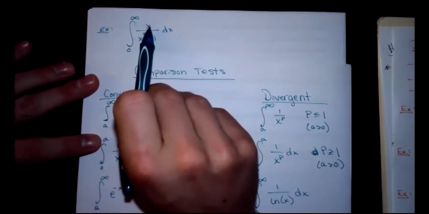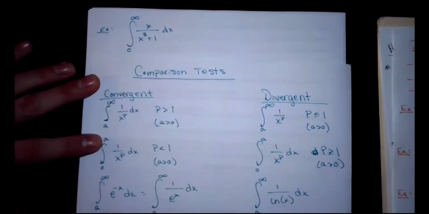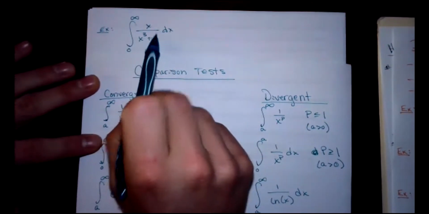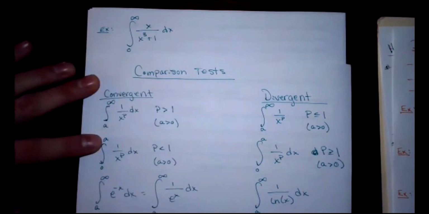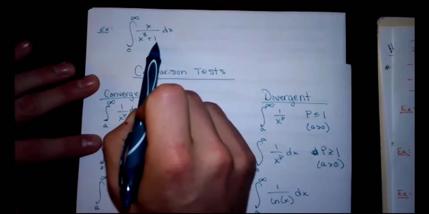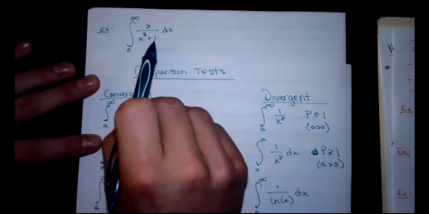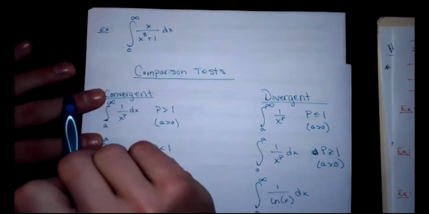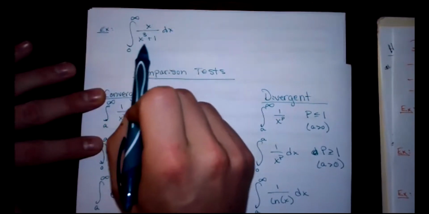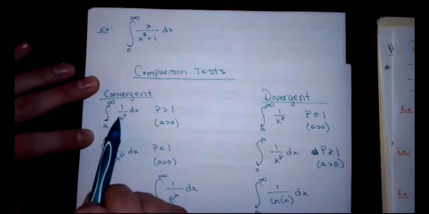Okay, well, just as a function, this is x over x cubed plus some extra stuff. And now looking at the bound, since we are going out to infinity, at infinity this plus 1 is not going to matter much. This x cubed is going to get so big that plus 1 isn't going to change it. So this function is going to look mostly like one of these guys, something like 1 over x to the p.